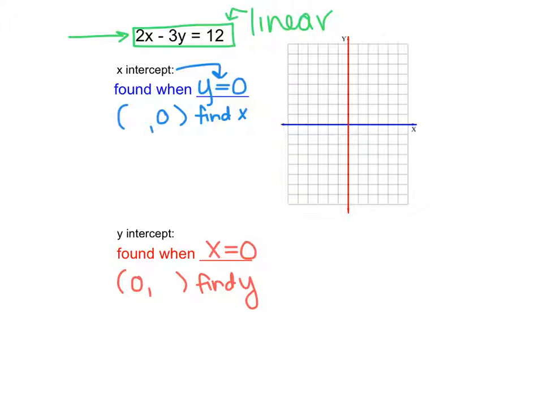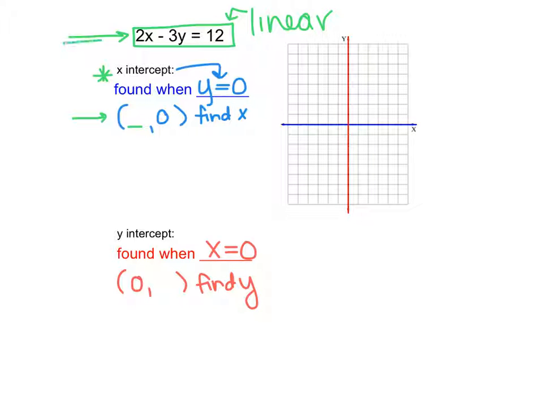And what we're going to do with this linear equation is find its x-intercept and its y-intercept by using the notes we just took. So here we can see that our x-intercept point can be found when y is equal to 0. So essentially we're trying to fill in the rest of this coordinate point. We know that y is 0 and we need to find x to find our x-intercept.